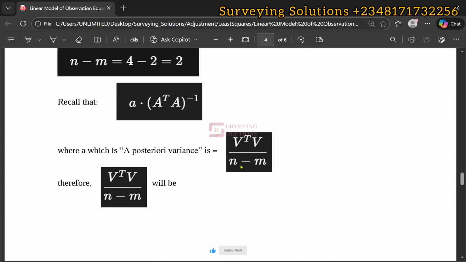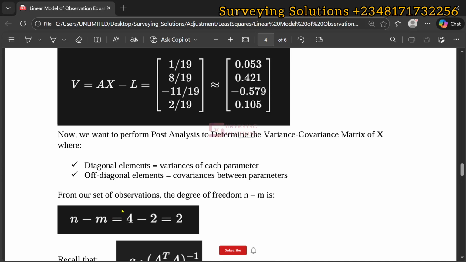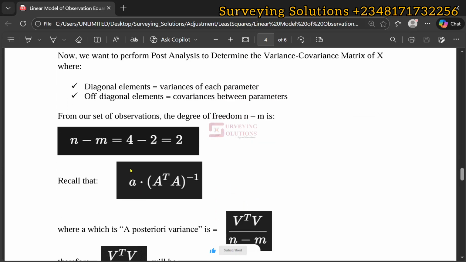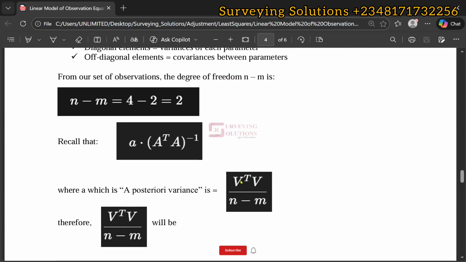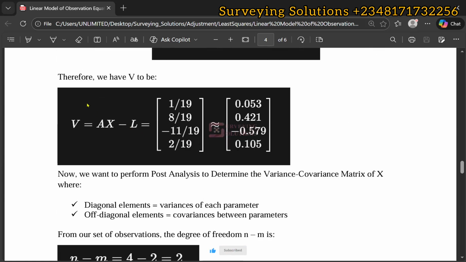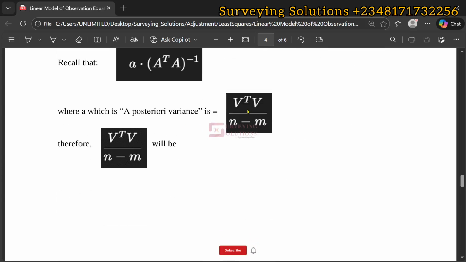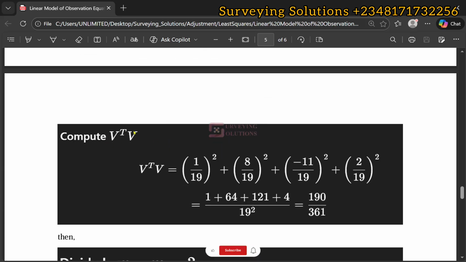So the n minus m is the degree of freedom we have established here, which is 4 minus 2, and then we have gotten V, which is the residuals, right? Good. So what we need to do now is to transpose V and multiply it by itself, and then divide the product by n minus m, right? So it now means that VTV divided by n minus m, we are trying to compute for VTV. So VTV simply means, where is our V?